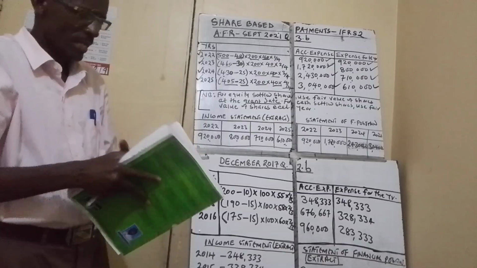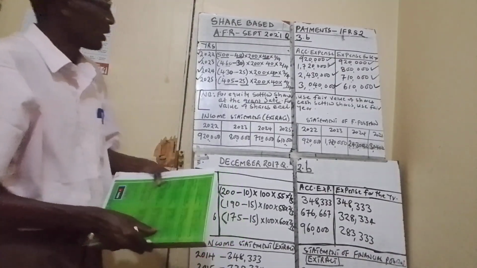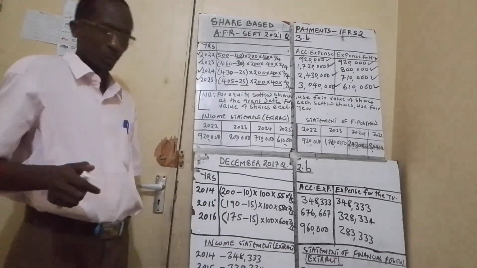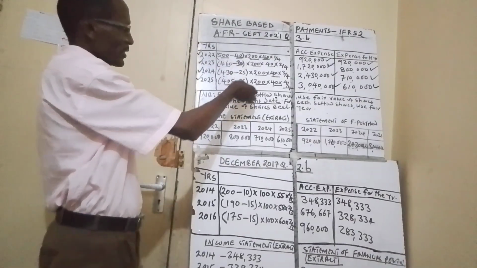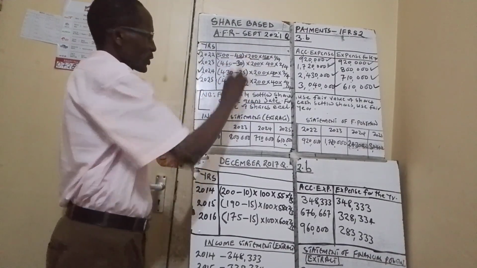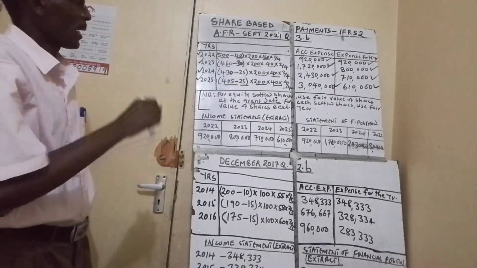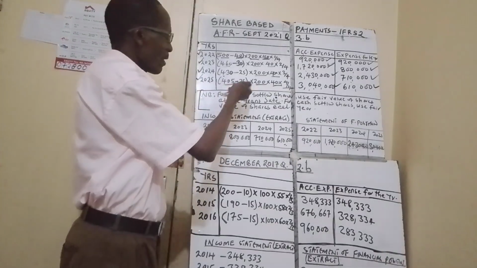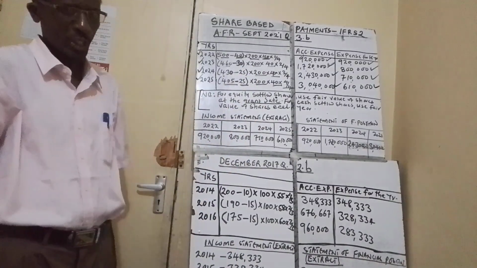So the first question, I've done that illustration to show you the difference between the two. Purposely, you can see in this question I have used a situation where we are using the equity settled shares method.